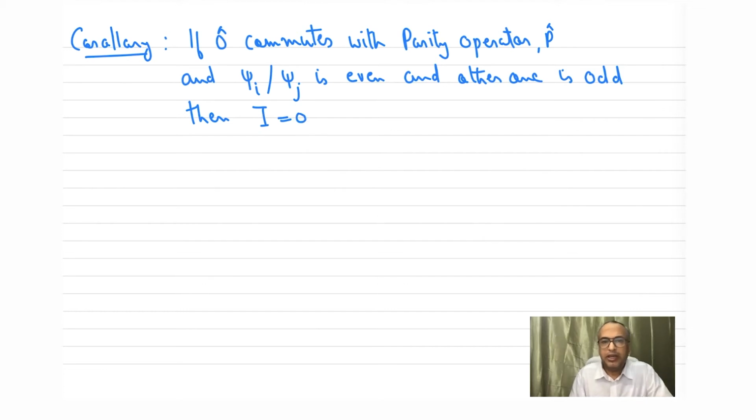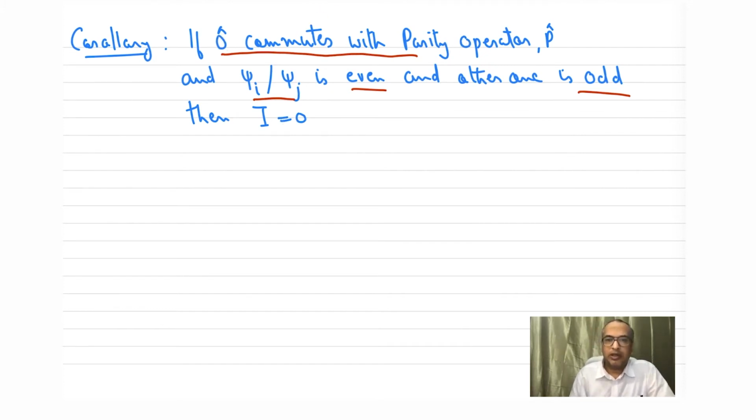So what is the parity operator? We will come to that. Basically it is dealing with two conditions. One is that O commutes with the parity operator. Second condition is that one of these functions has to be even and the other one odd. Then I goes to 0. If both are even or both are odd, then we can say that I does not go to 0. But first it has to fulfill the condition that O has to commute with the parity operator.